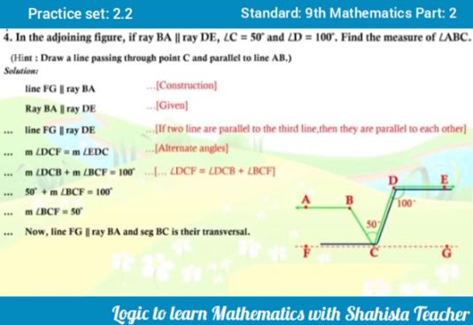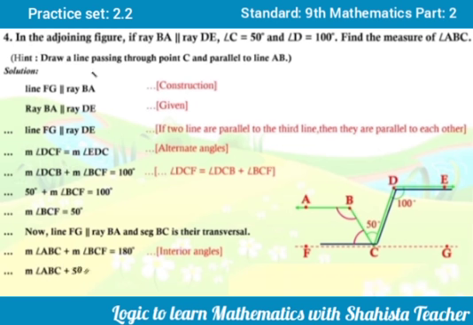Is that clear my dear students? Now measure of angle ABC plus measure of angle BCF is equal to 180 degrees. After adding these two angles we get 180 degrees. They are interior angles on the same side.